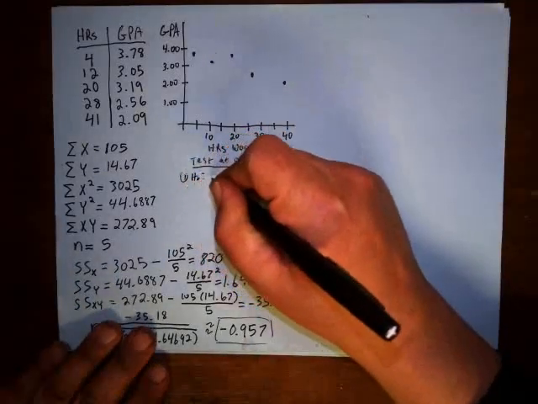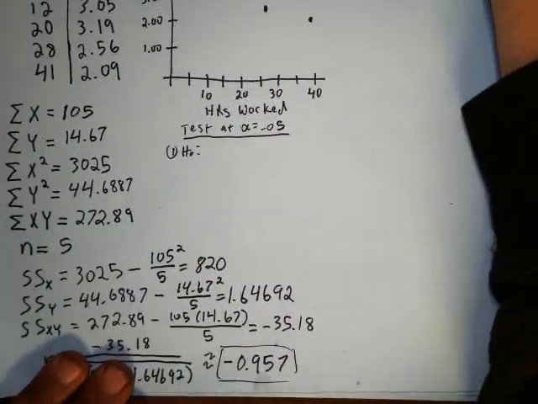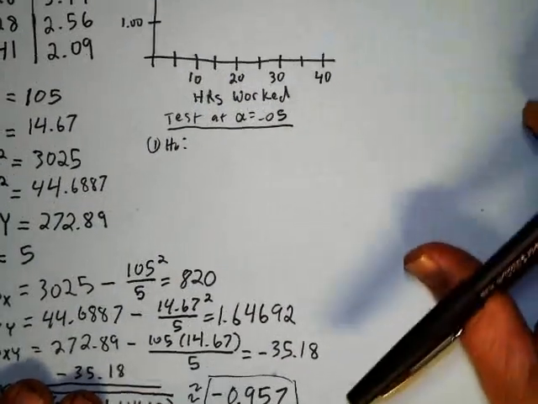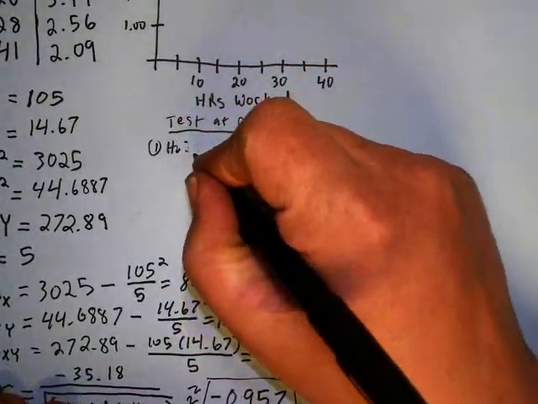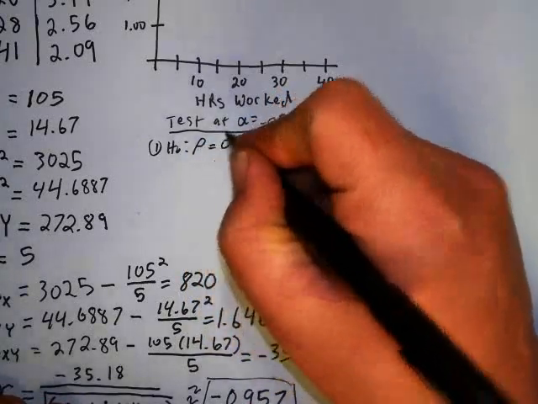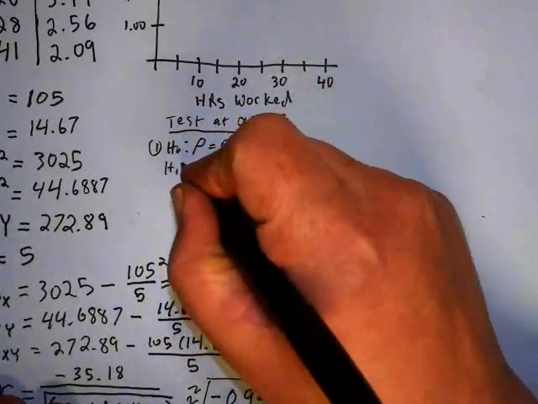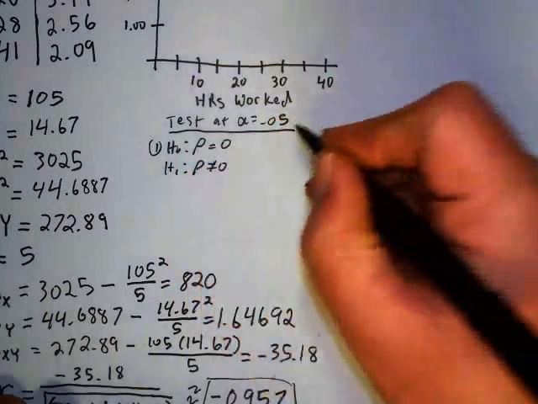So my null says that there is no correlation. Rho is equal to 0. My alternative says that rho is not equal to 0.